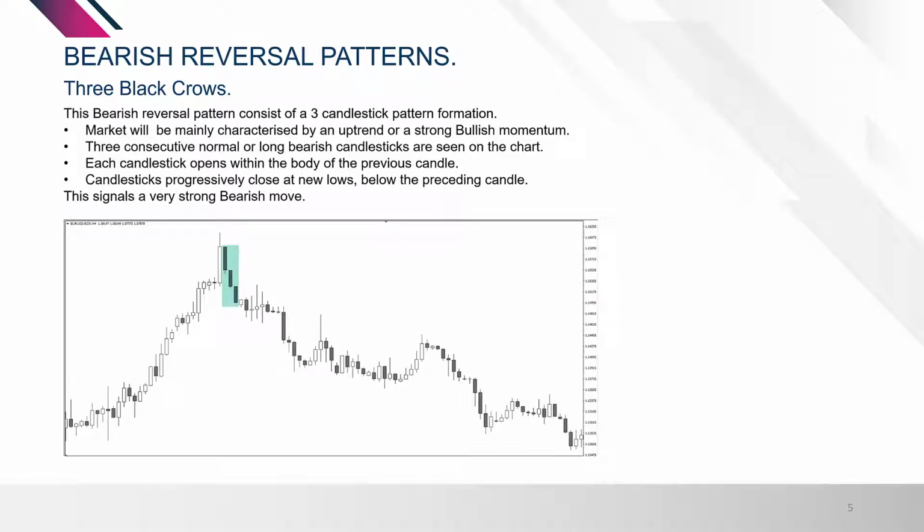Three consecutive normal or long bearish candlesticks are seen on the chart. Each candlestick opens within the body of the previous candle, as you can see on the illustrated chart. Candlesticks progressively close at new lows below the preceding candle.